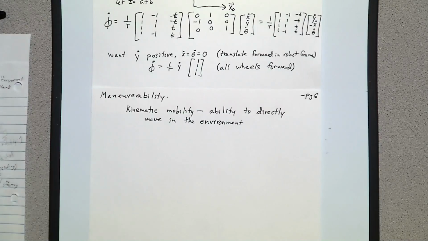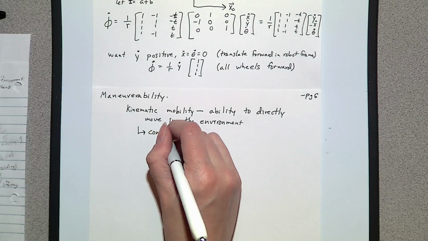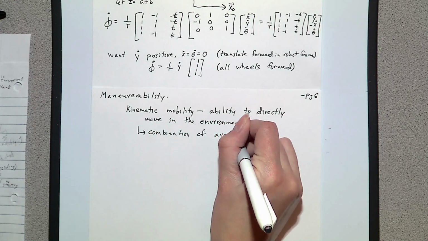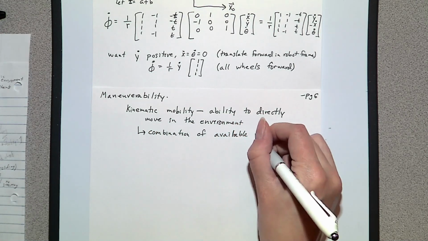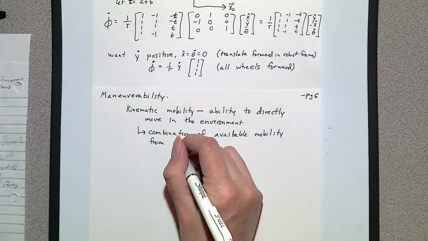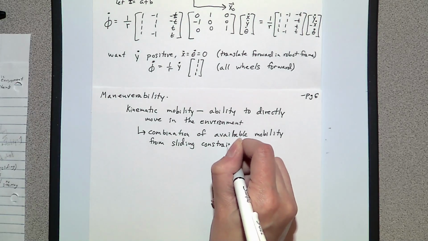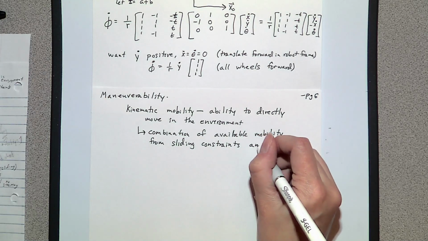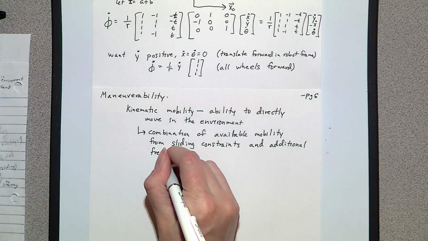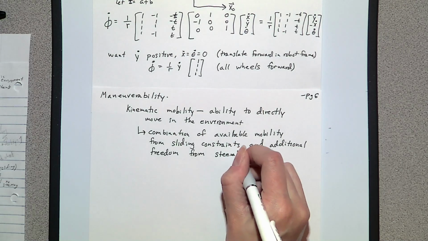And so what dictates how we can move in the environment is a combination of available mobility from our sliding constraints and additional freedom from our steerable wheels.